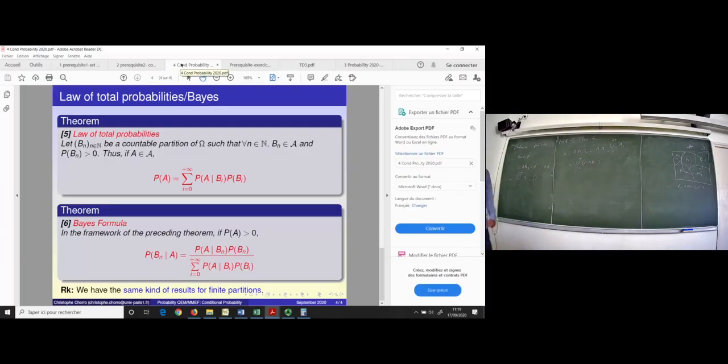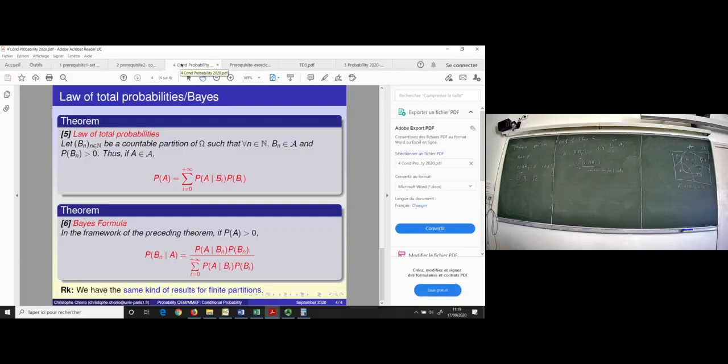So I have written A as a countable union, and since the Bi are pairwise disjoint, doing exactly the same reasoning as the one I did just before in the preceding proof, defining Ci, you have exactly the same thing here. Here, you have pairwise disjoint sets.